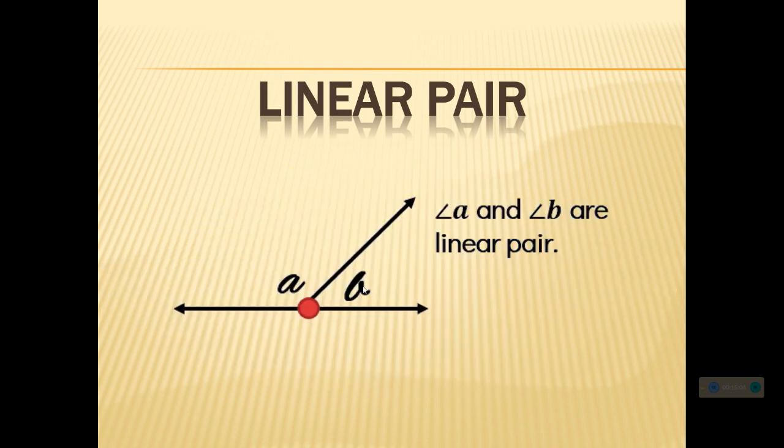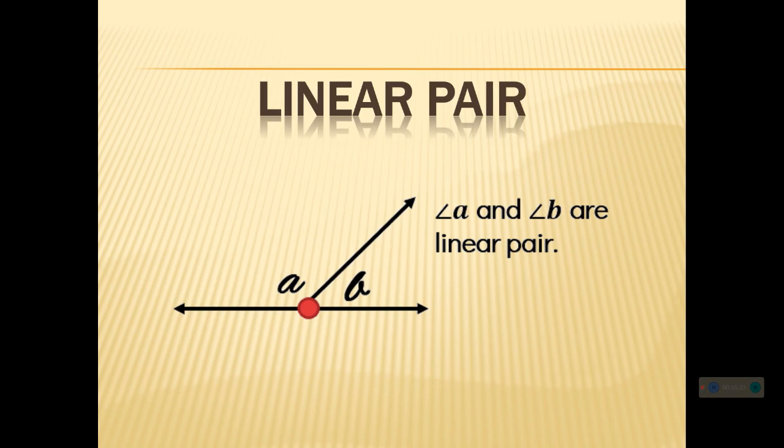This is an example of a linear pair, wherein angle A and angle B are adjacent and form opposite rays like this, so we have a linear pair.